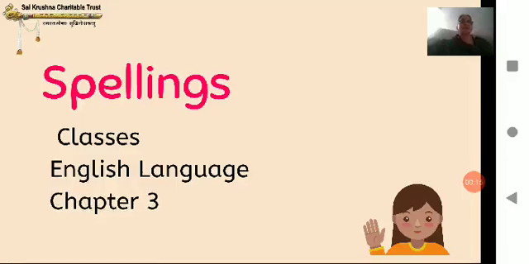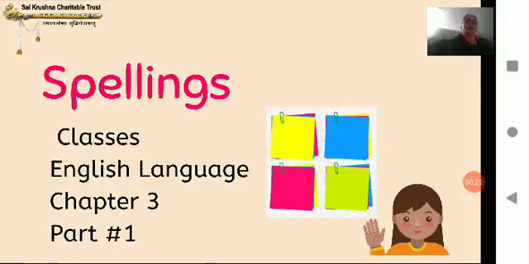Today in English language, in chapter 3, part 1, we are going to learn about spellings and their importance. You can see 5, 6, 7 and 8.